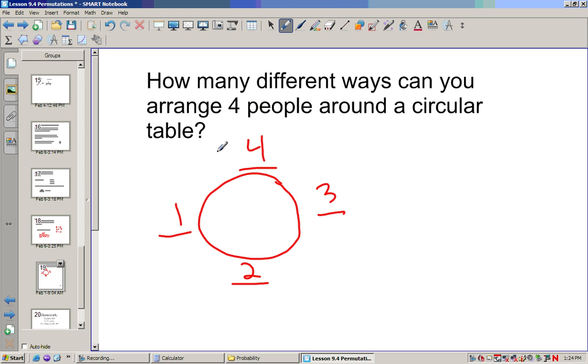Now if I rotate the table 90 degrees, I'll have the same positions, but people are going to be next to each other the same way. They're just going to be in a different location. And we want different arrangements of the 4 people. So I need to divide by how many ways I can shift. So if I had 4 times 3 times 2 times 1, you can rotate it around 4 times. So this would be 3 times 2, or 6.